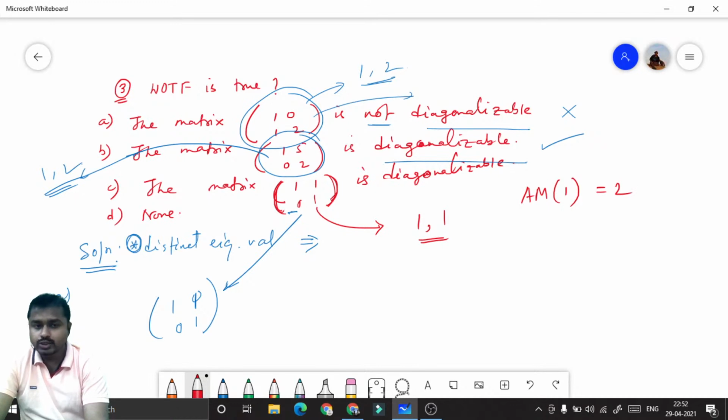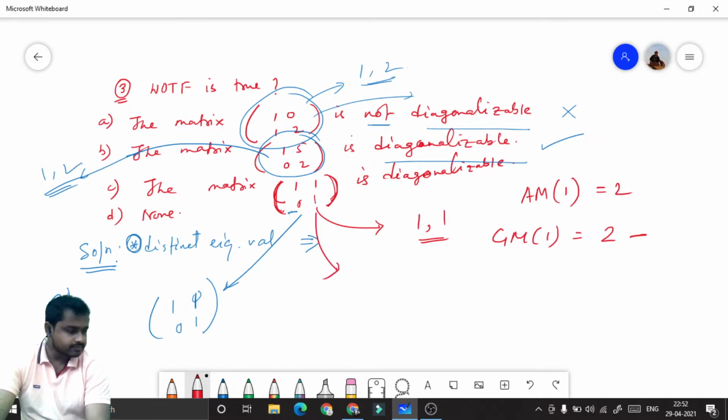The algebraic multiplicity should equal the geometric multiplicity. And how do we find the geometric multiplicity? The geometric multiplicity of 1 is given by the dimension of this particular space, that is 2, minus the rank of this matrix. So what is the rank of this matrix?